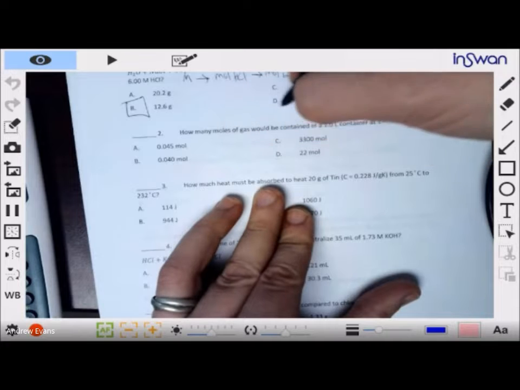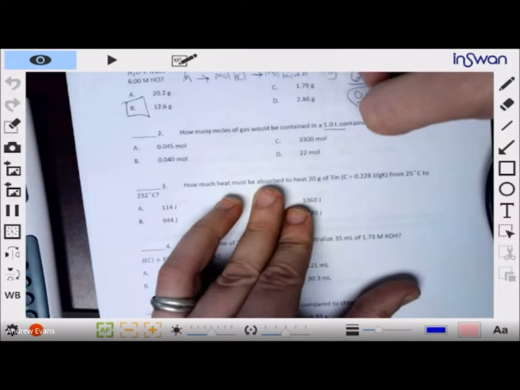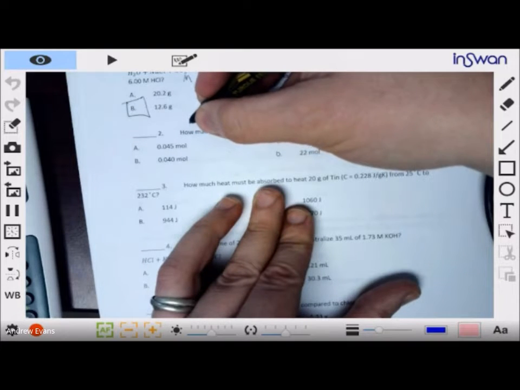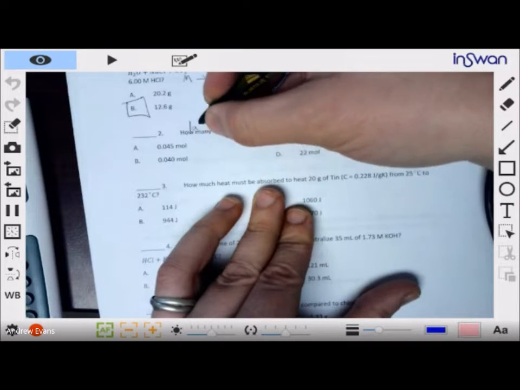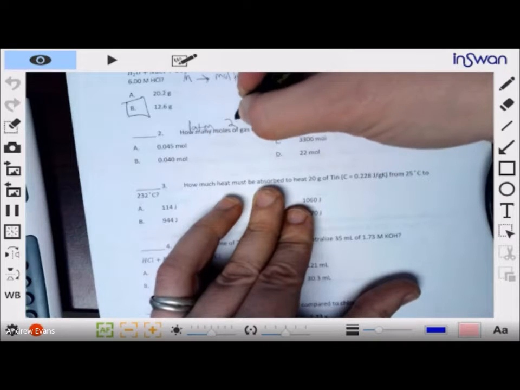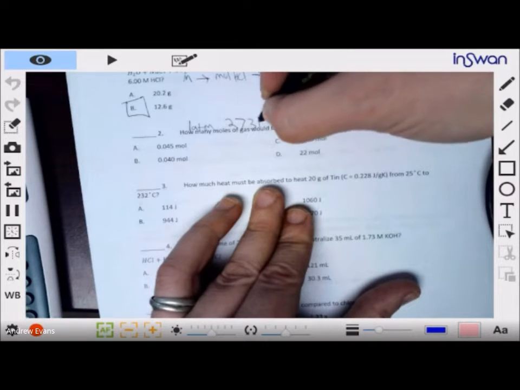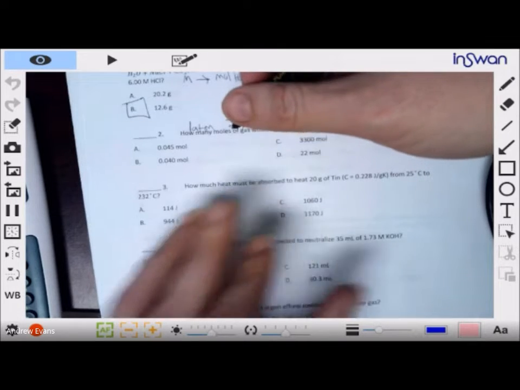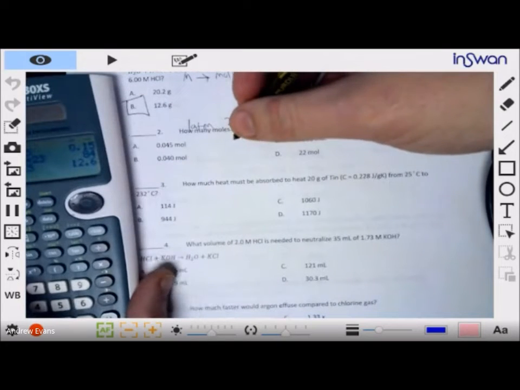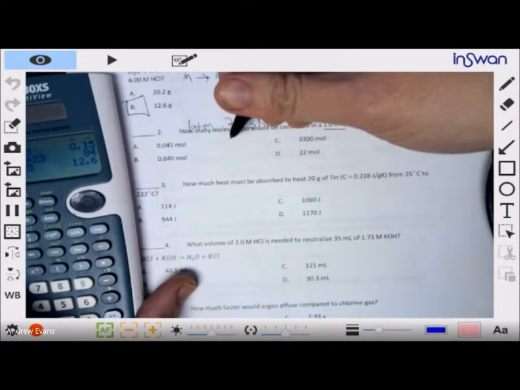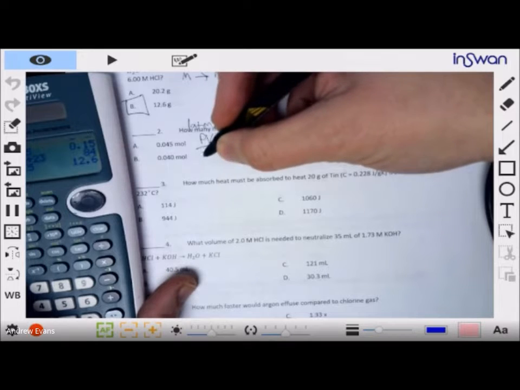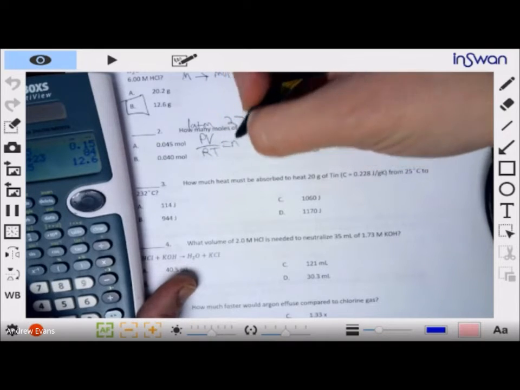How many moles of gas would be contained in a 1 liter vessel at STP? STP is a little contradictory, standard temperature and pressure, 1 atmosphere, and not 298, but 273 Kelvin. Standard temperature is actually 0 degrees Celsius. So instead of looking at how many liters 1 mole would contain, how many moles would be in 1 liter. So PV over RT equals n.